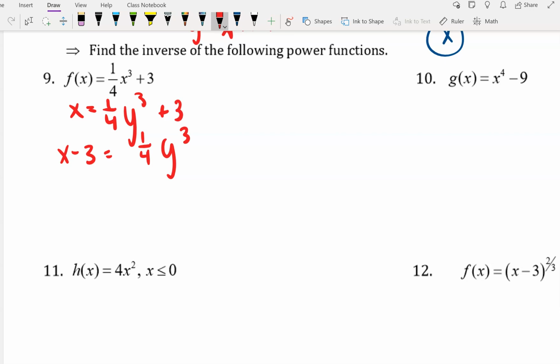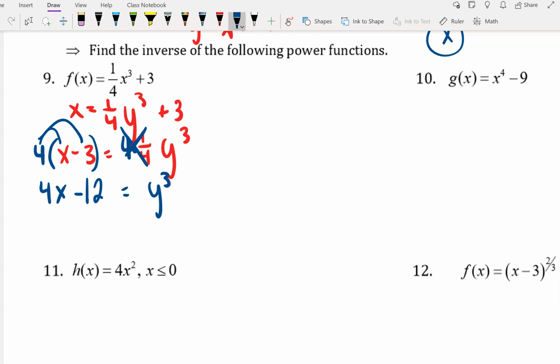So to get rid of a 1/4, we multiply by the reciprocal. The reciprocal of 1/4 is 4 over 1. So we multiply both sides by 4. Multiply that by 4. Those will cancel. Multiply this by 4. We get 4x minus 12 equals y cubed.